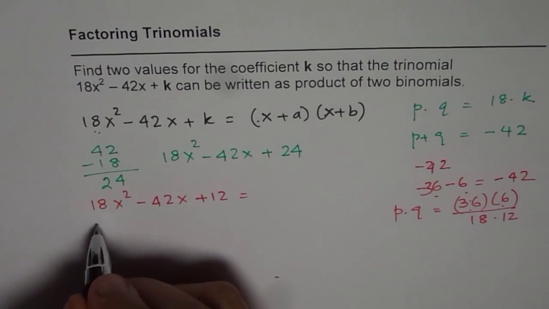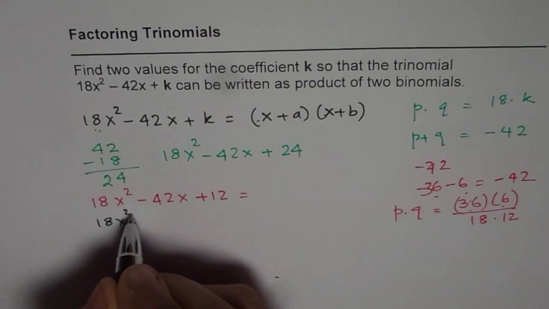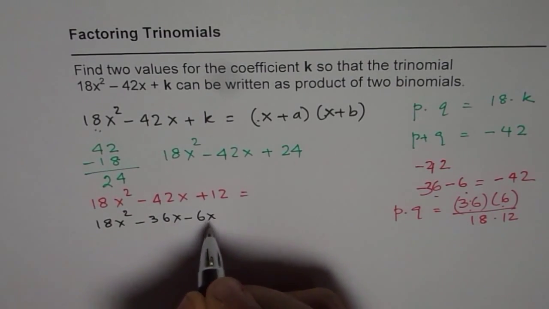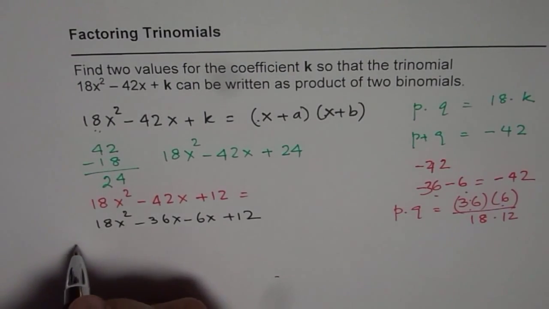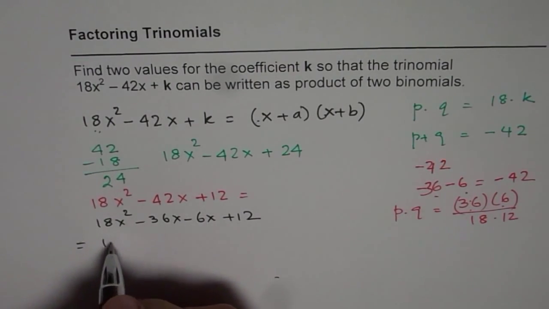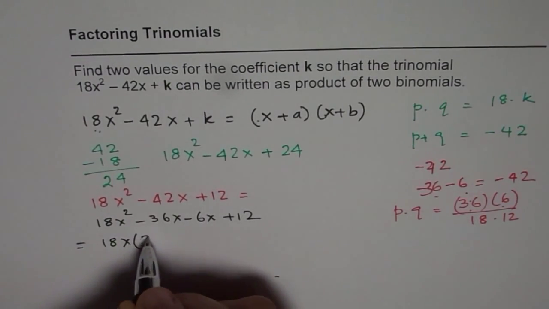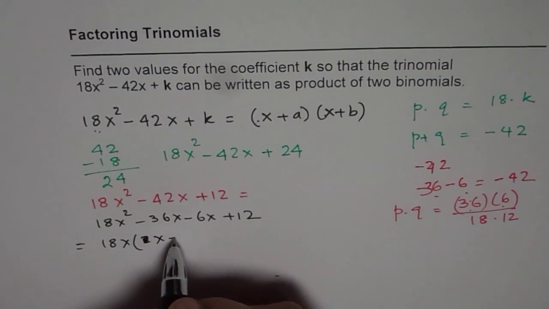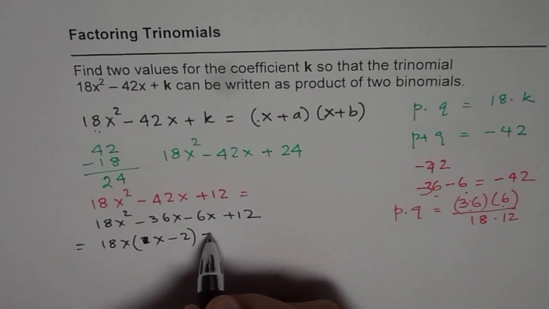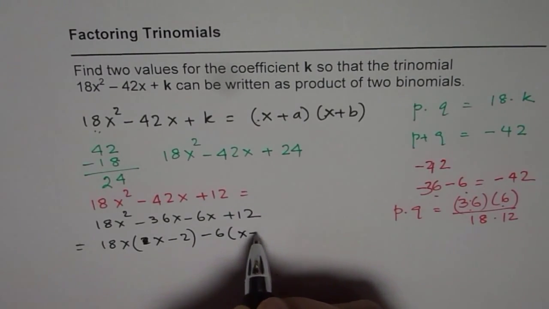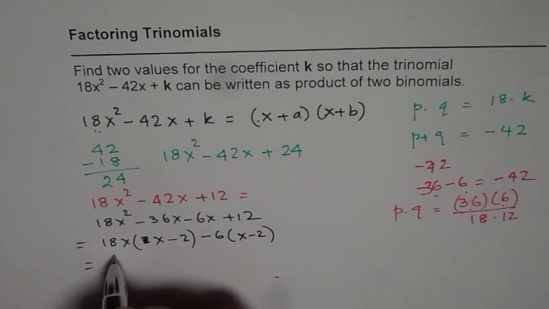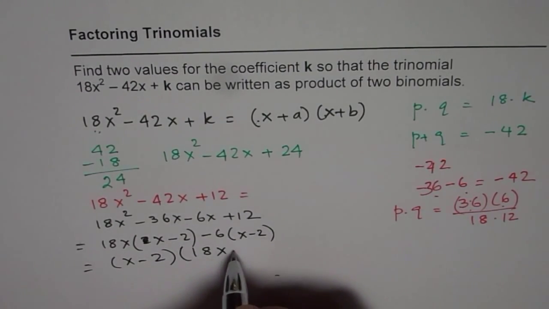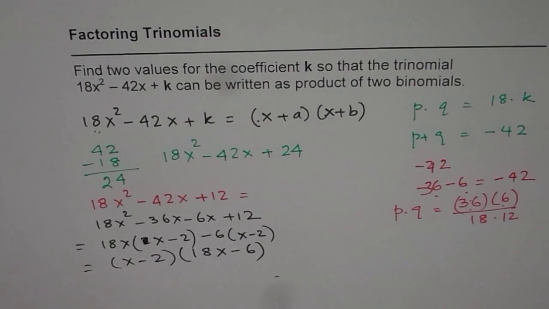So basically, we'll write this as 18x squared minus 36x minus 6x plus 12, right? Now we can take 6x common here. So we get 3x minus 2. And here we can take minus 6 common. We get x minus 2. That could be written as x minus 2 times 18x minus 6, correct?